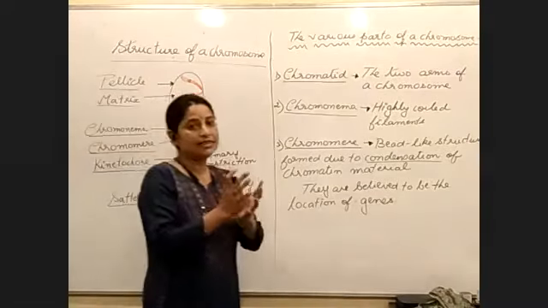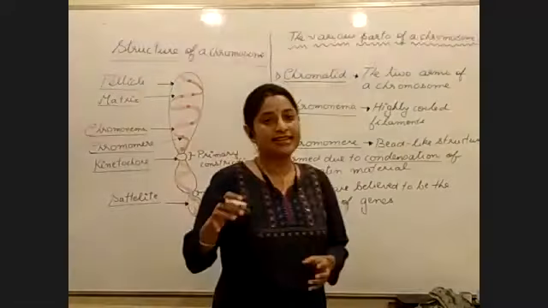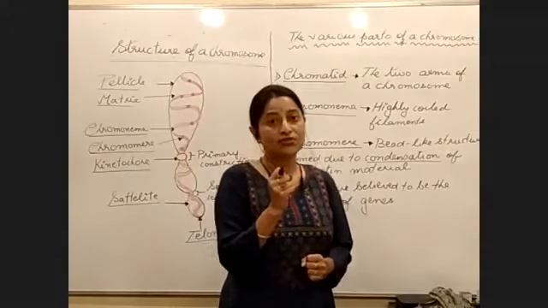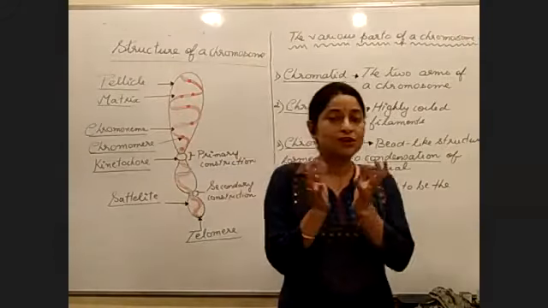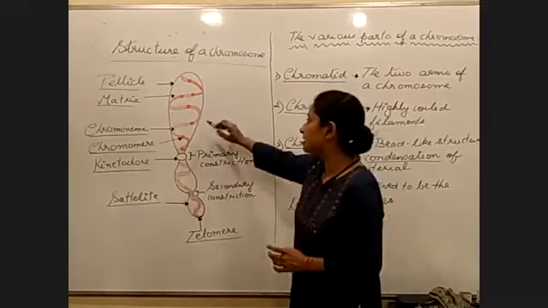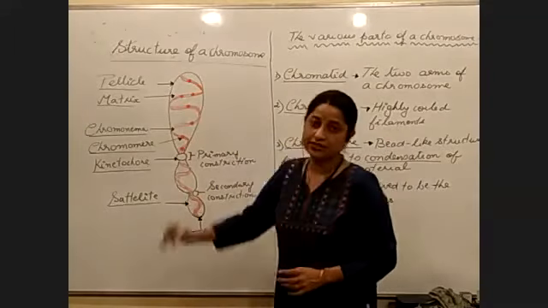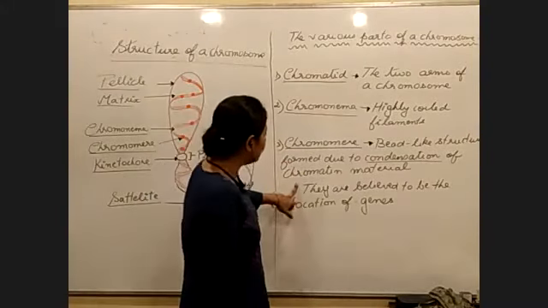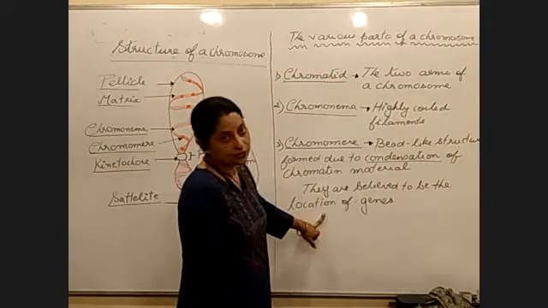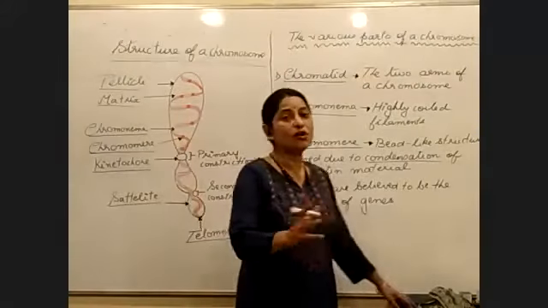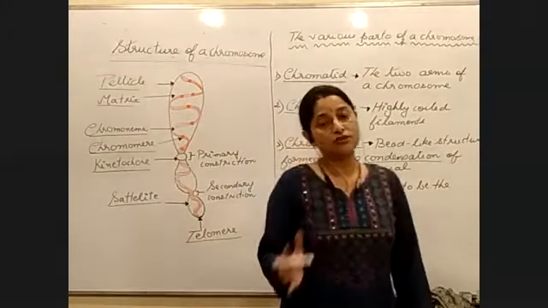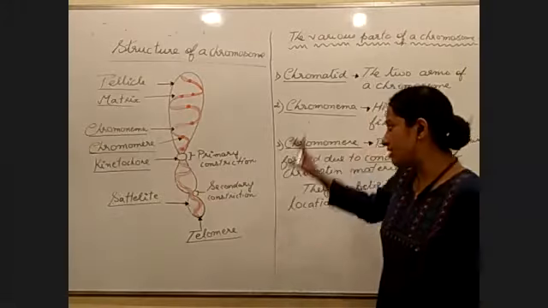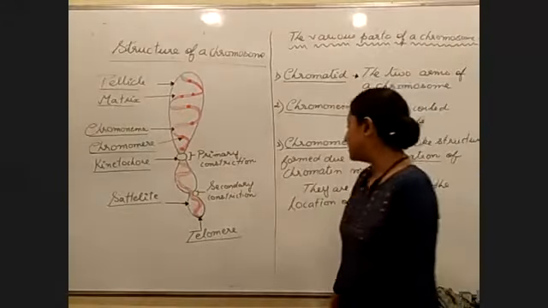The DNA sequences in the thread-like structures become condensed and accumulate at one place, so ultimately we see these beads. That is chromonema and chromomere, and they are believed to be the location of the genes. As far as gene location is concerned, that is for the genetics class, so nothing in detail in this class. Just to have a rough idea, it looks something like this.